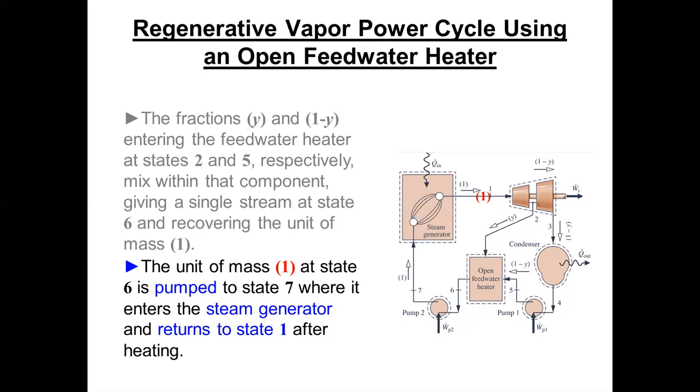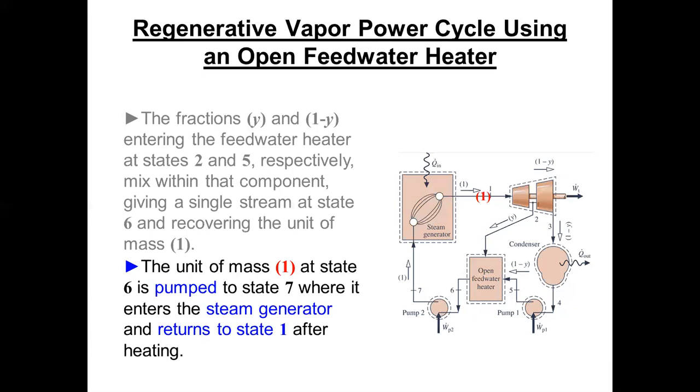So we've got y times h2 plus (1 minus y) times h5 is equal to 1, which doesn't really have to be written, times h6. That's your energy balance on the open feed water heater.